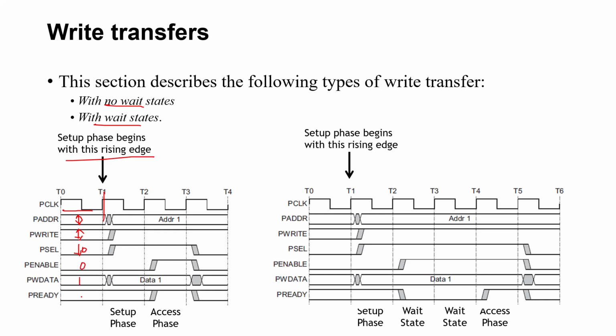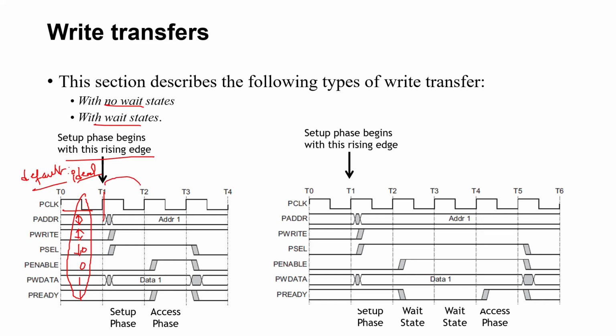There is no data here, and PREADY is also not high. So during this idle condition, nothing will happen here. Okay, so idle condition, that is the default condition. Default is idle condition. Idle condition means we are maintaining all signals as 0.